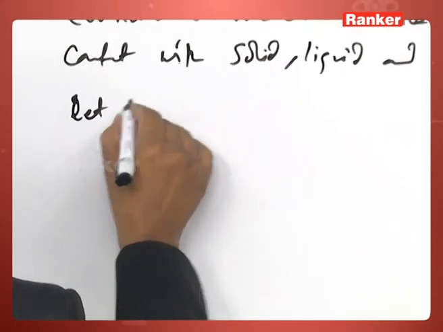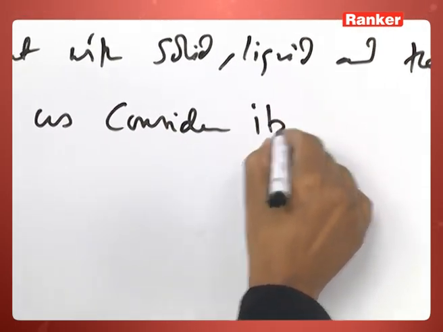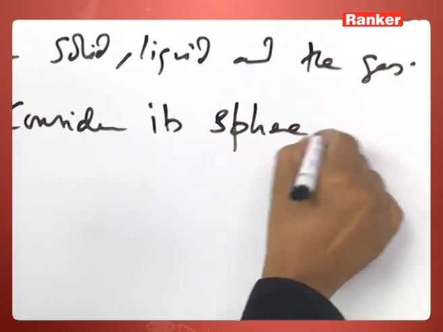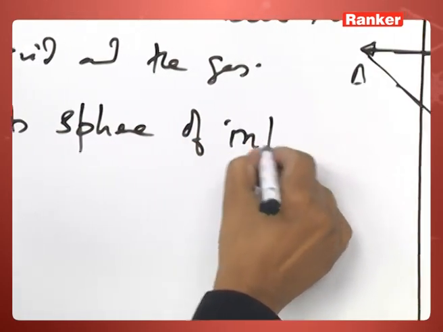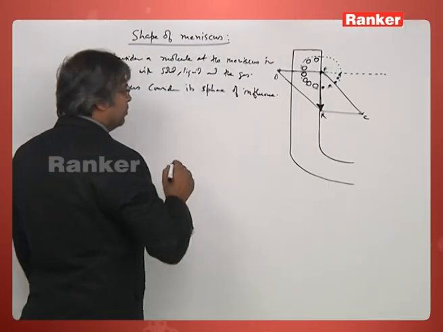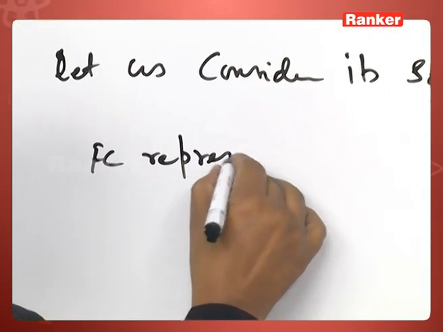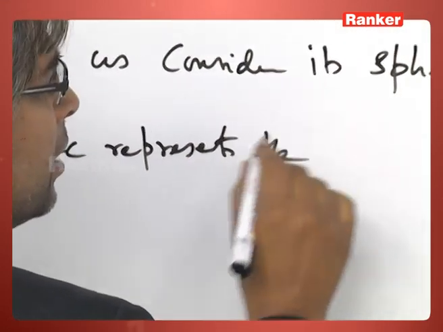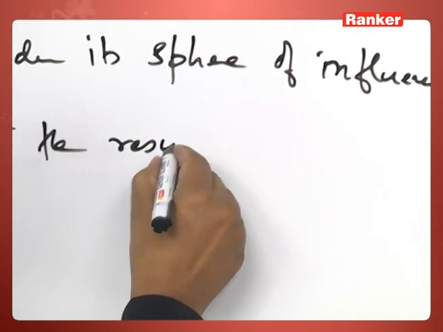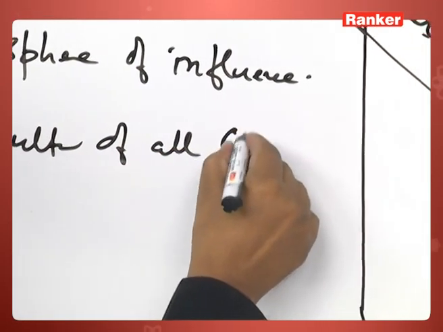So here consider a molecule at the meniscus in contact with solid, liquid and gas. Let us consider its sphere of influence. Now FC represents the resultant of all cohesive forces.